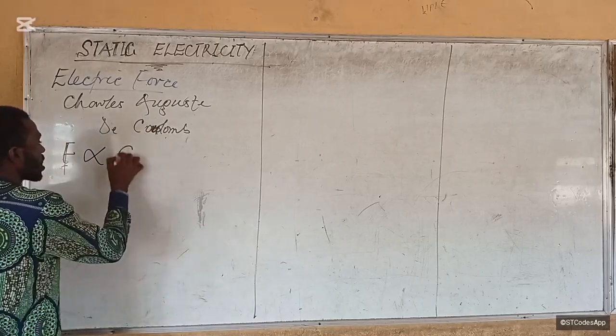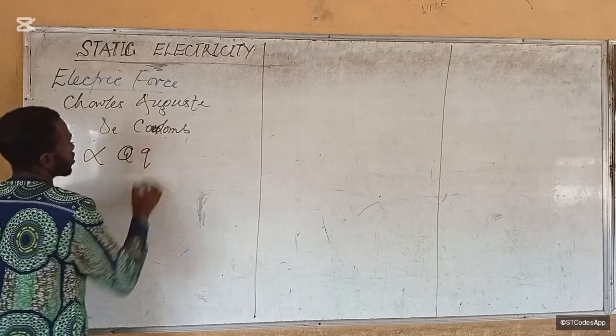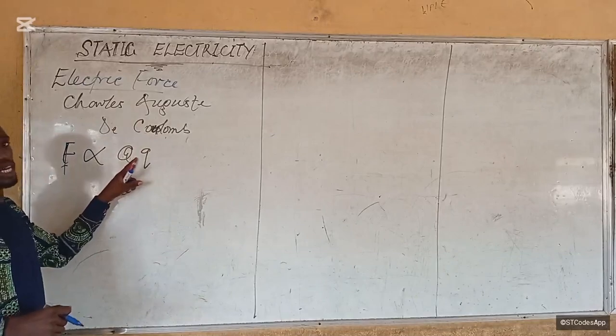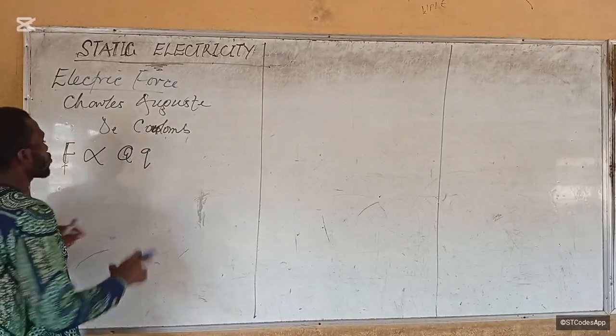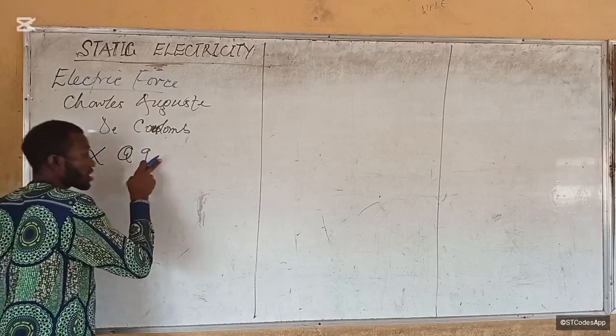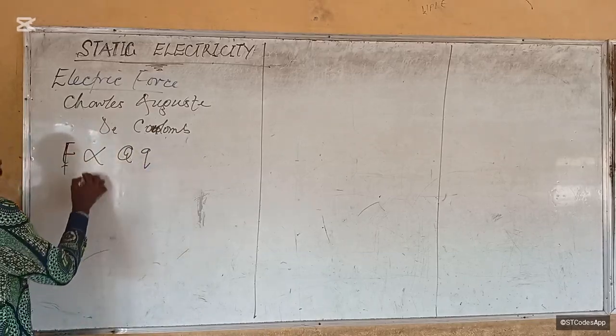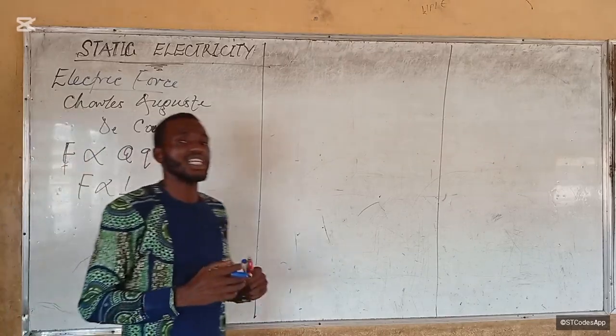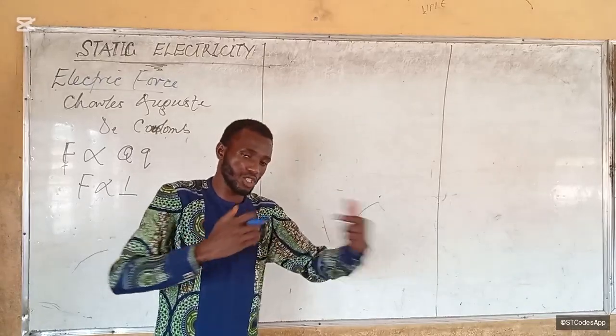So let's say the charges are capital Q and small q. The force of attraction or repulsion between them is proportional to the product of the charges, but that same force is inversely proportional to the square of the distance between them.